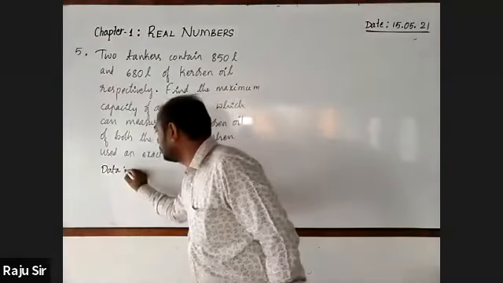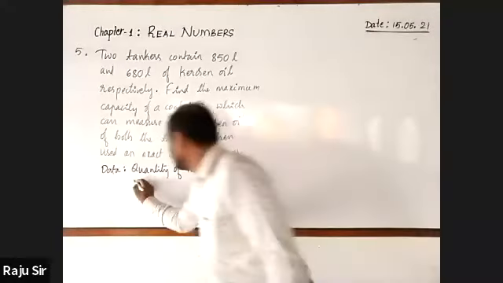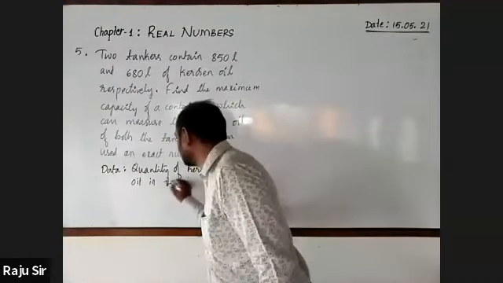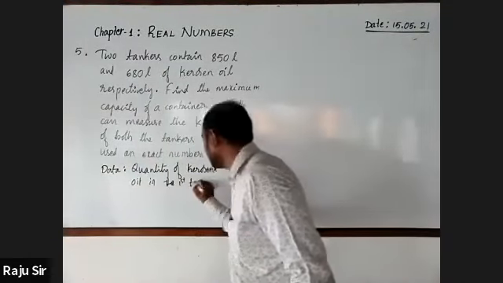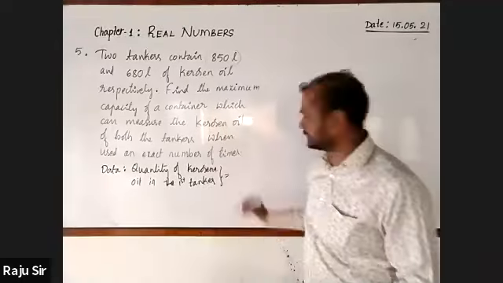Here I'll write: quantity of kerosene oil in the first tanker is 850 liters.